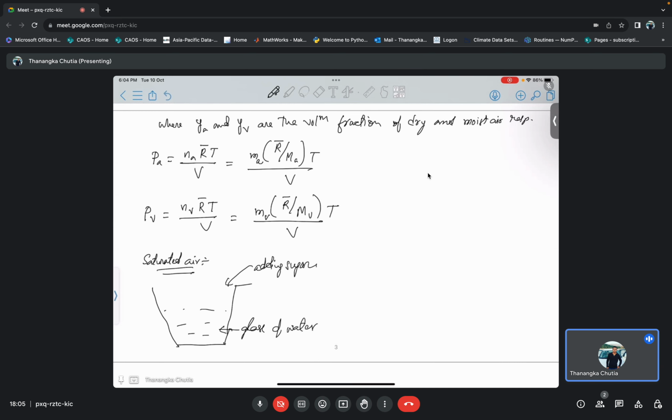Now you add sugar and stir with a spoon. What will happen? This will result in dissolution, or the sugar dissolves.